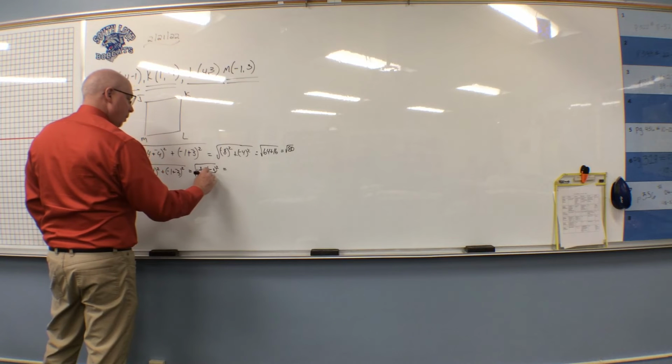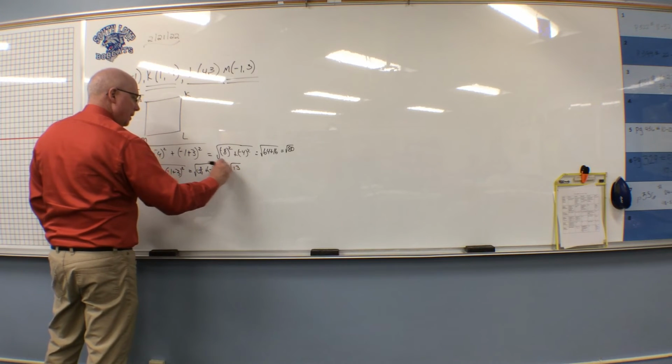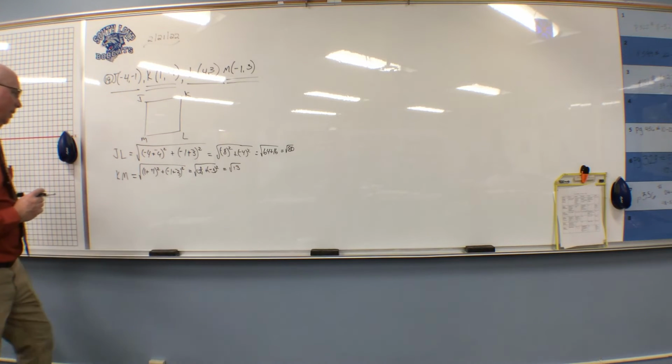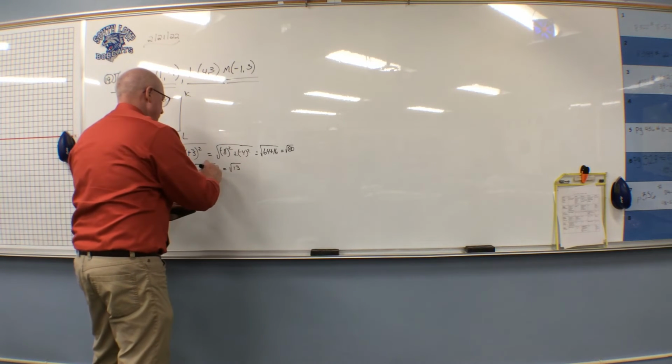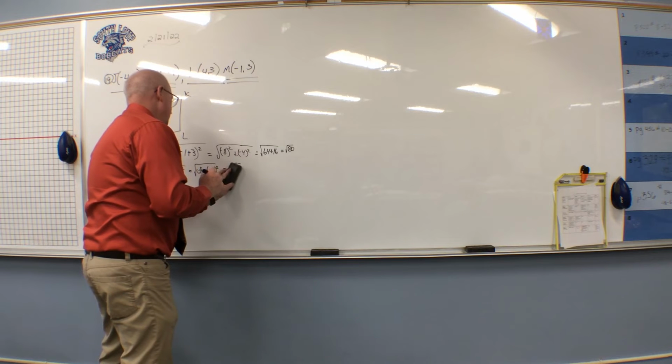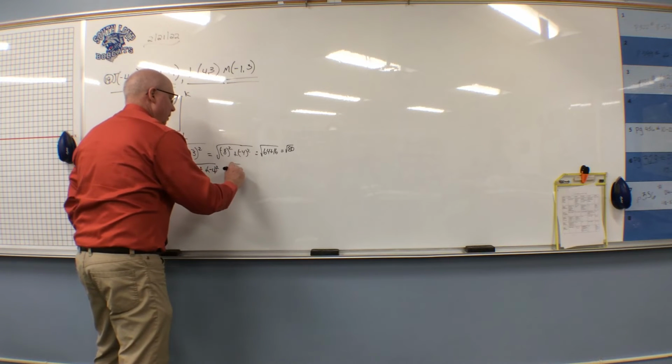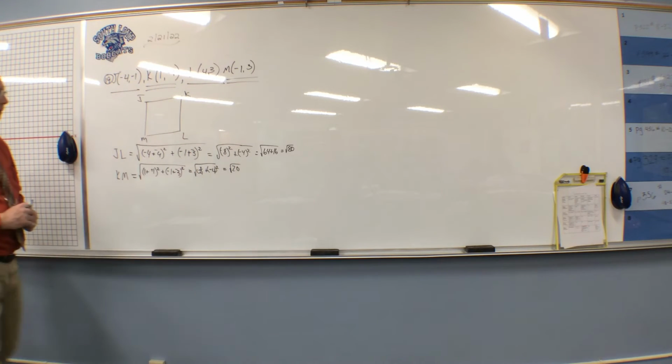So I'm getting 4 plus 9, square root of 13, is that right? Did I do that right? No, this should be 4, and that should be 16. So it'd be 16 plus 4, which is the square root of 20. Is that right? Much better. Okay, my bad.